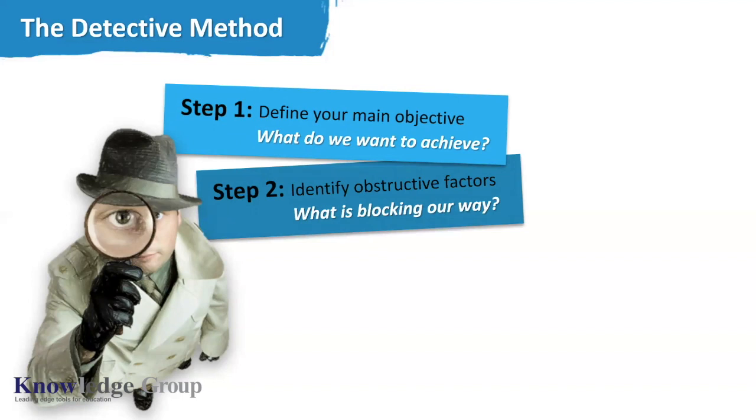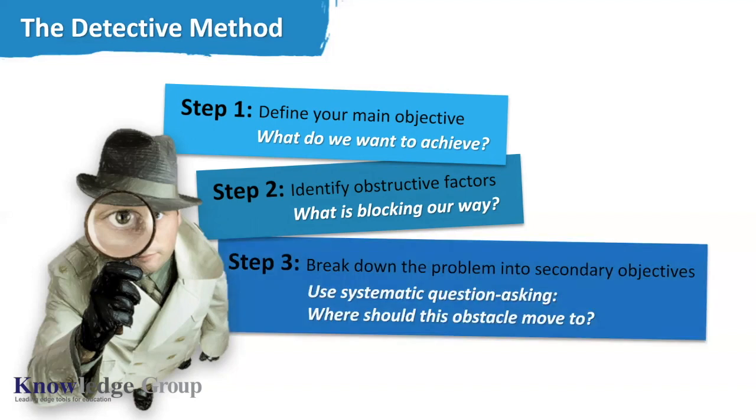So what is blocking our way? And now it is time to break down the problem into secondary objectives. In step number three, we use systematic question asking. Where should this obstacle move to? These are the three steps that we need to take to ask questions in an orderly, systematic way, if we want to use the detective method.